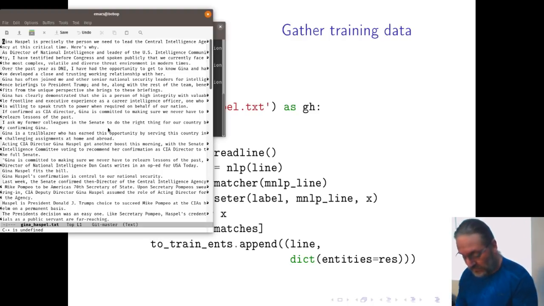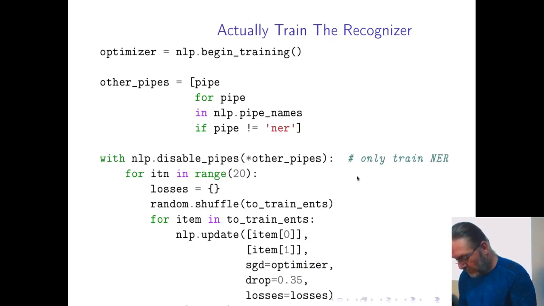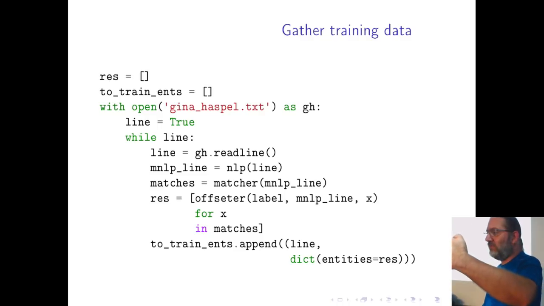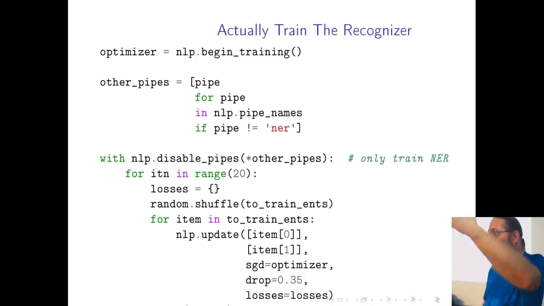The sentences themselves don't really matter, but you could go out, find them, parse them. We're going to gather up all that data. We're going to use the phrase matcher that we set up before to actually calculate the positions so that we can pass that in to our training system. And then that's just going to create a new array of that string and the positions of that token.